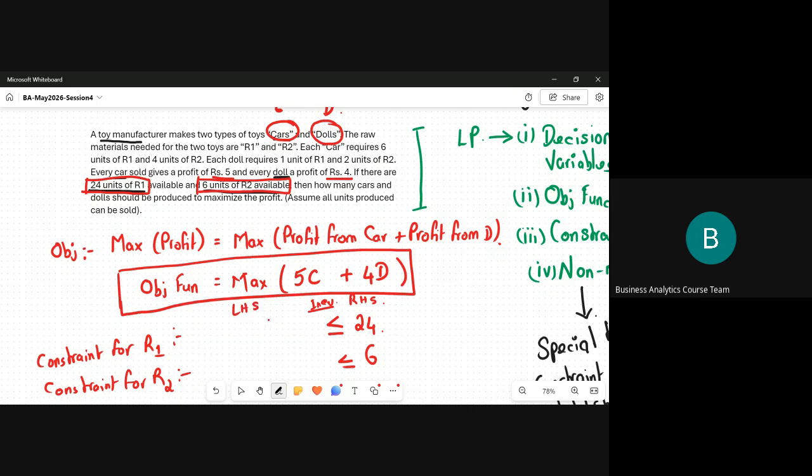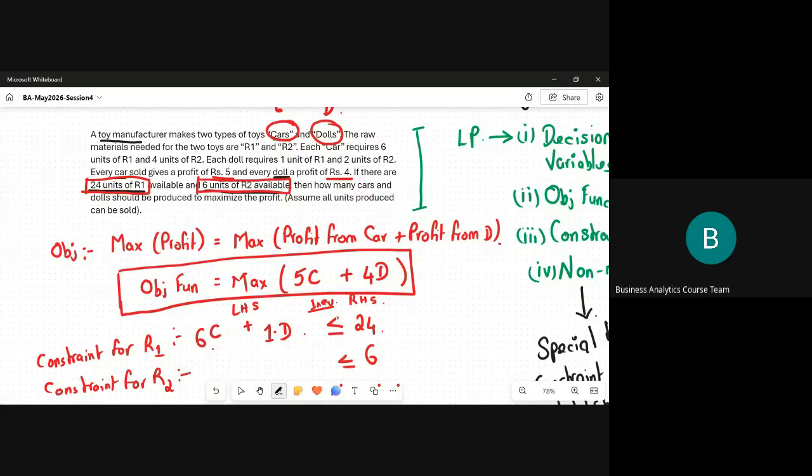So what is the LHS? I am going to make C cars and D dolls, correct? So for every car that I make, I need 6 units of R1. For every doll that I make, I need 1 unit of R1. So if I make C cars, 6 into C R1s will be consumed. And if I make D dolls, D into 1 R1s will be consumed.